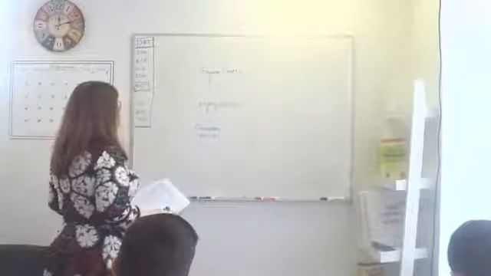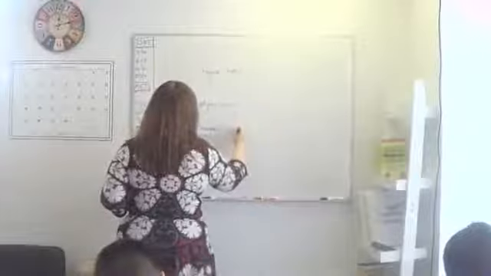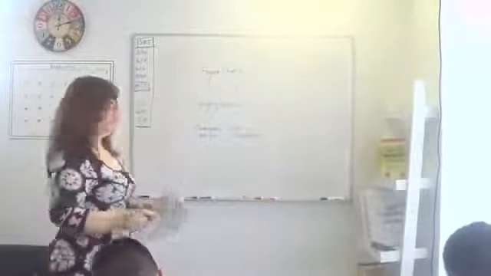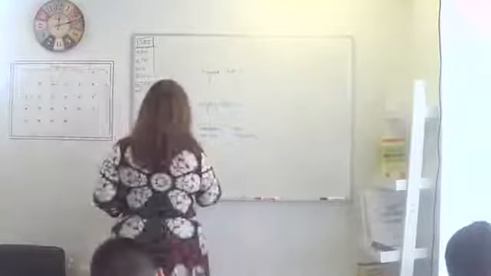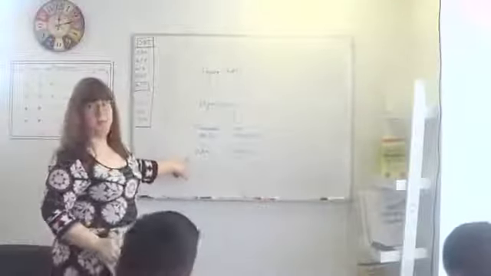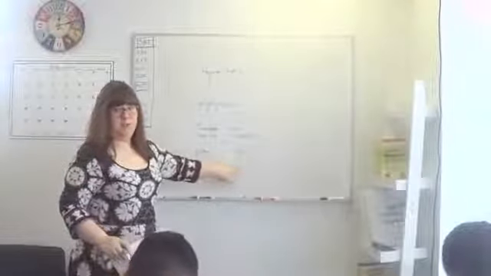Fewer and many refer to countable units, whereas less and much are non-countable. This gets confusing because a word like dollars is considered countable units, but a word like money is not. This is confusing. Don't think too logically.